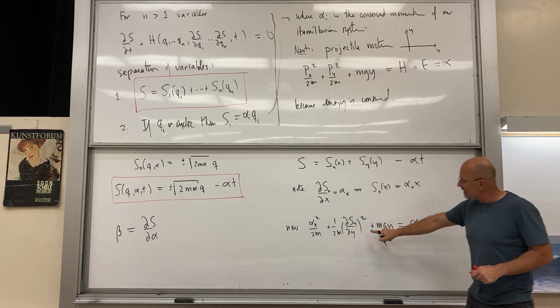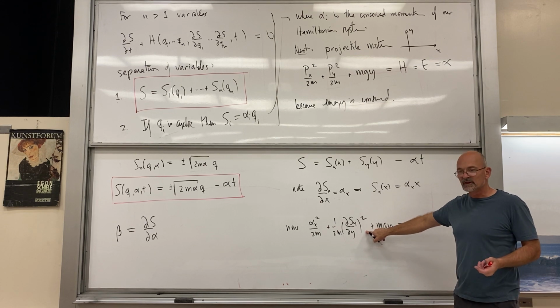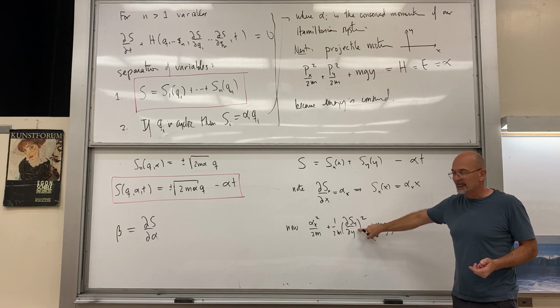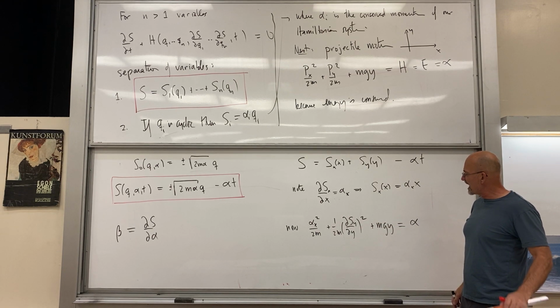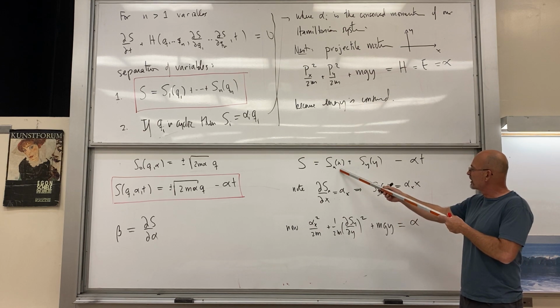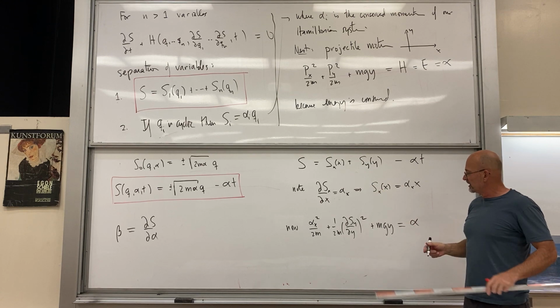So this now is what we have to solve, and it should be a pretty trivial integration. We have to solve this to get S_y. And when we have S_y, we'll have it here. S_x we already have, alpha t, and then we'll be ready to continue on.